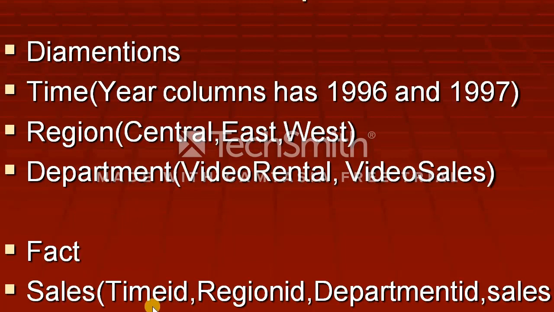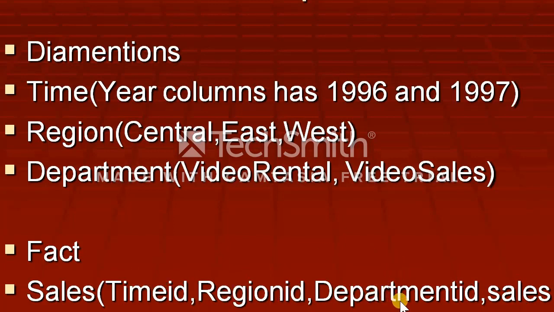It has a foreign key of time ID, which is coming from the time dimension. Region ID is a foreign key which is coming from the region dimension. Department ID is a foreign key that is coming from the department dimension. And we have a sales value. So if we want to get the sales, we can get the sales according to the time, region, and department.